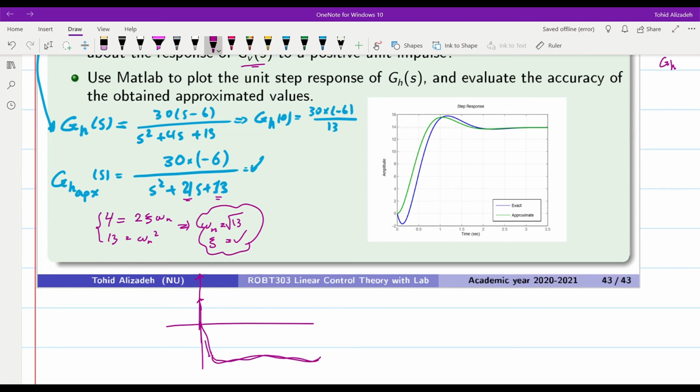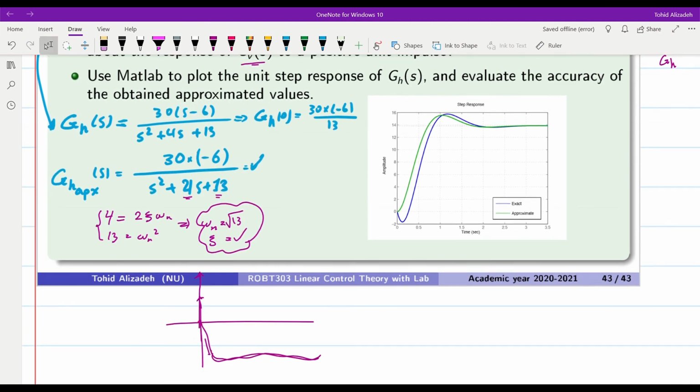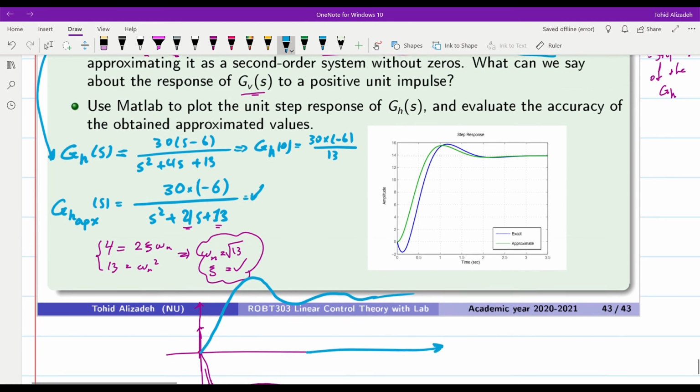In order to keep our definitions of the rise time, settling time, and overshoot, we consider the negative unit step. In the case of negative unit step, we will have the step response in this way, and then we can refer to our definitions that we had for the rise time, settling time, and overshoot.